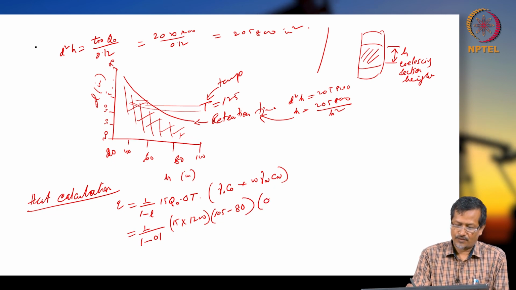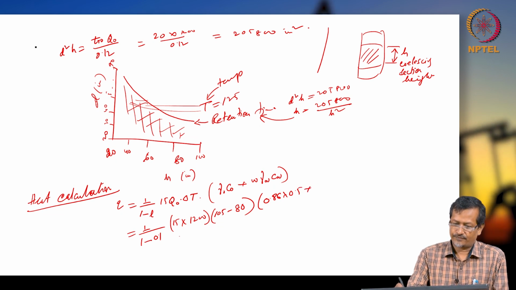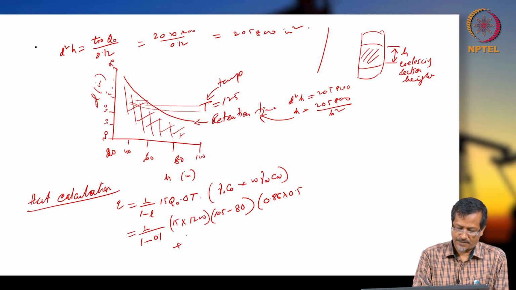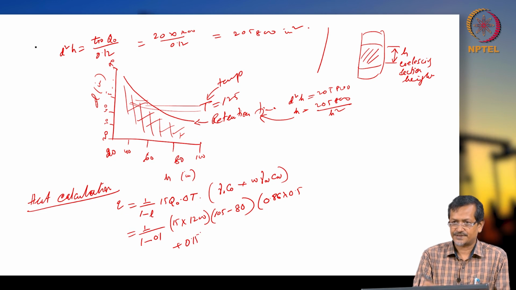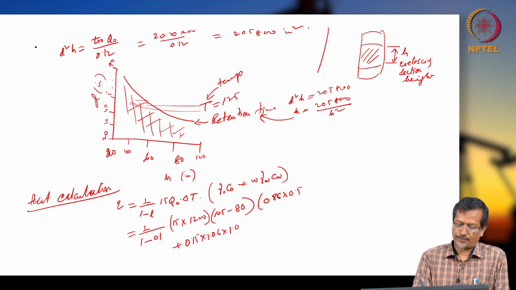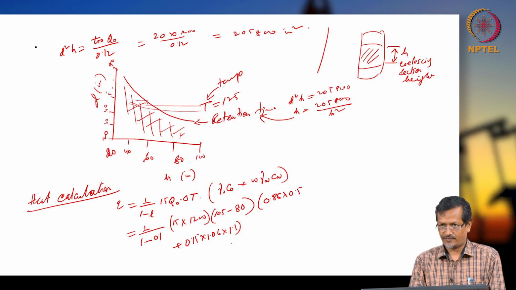Okay, gamma O 0.86 into 0.5 plus water percentage, BSW 0.15, then 1.06 and 1.0. 1.0 is your specific heat of water and 1.06 is specific gravity of water.